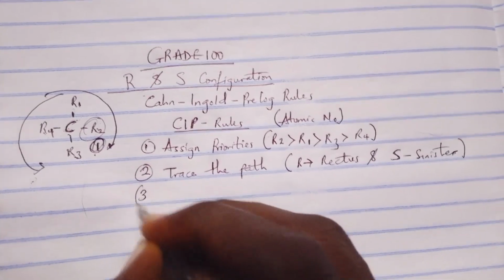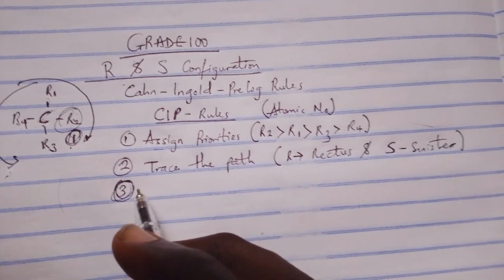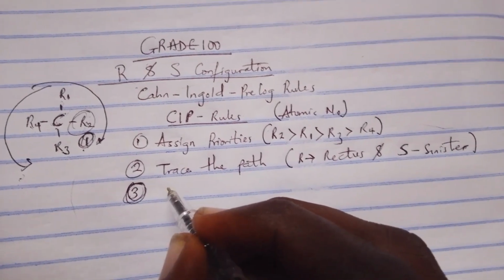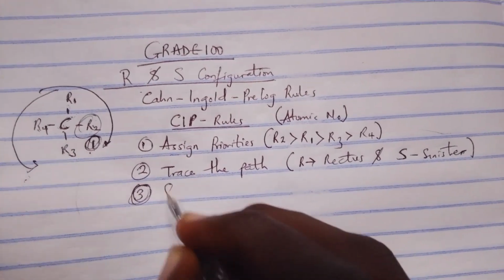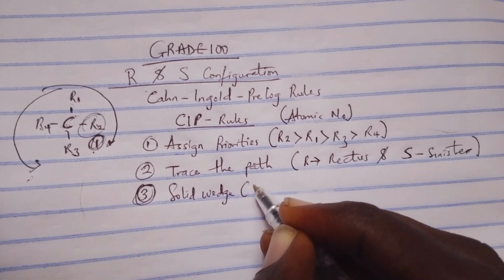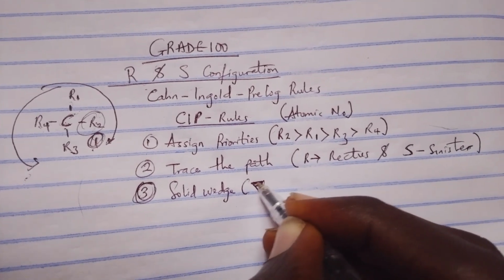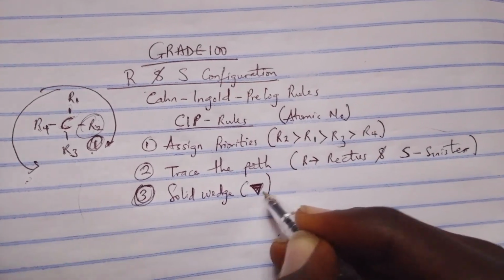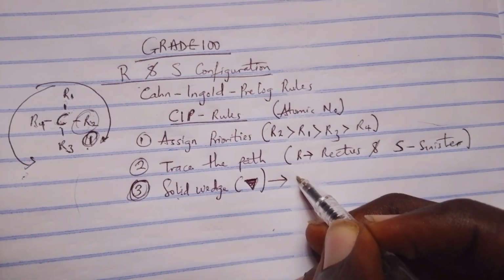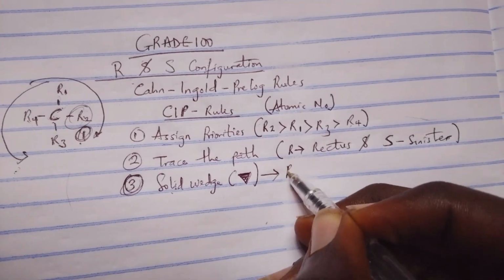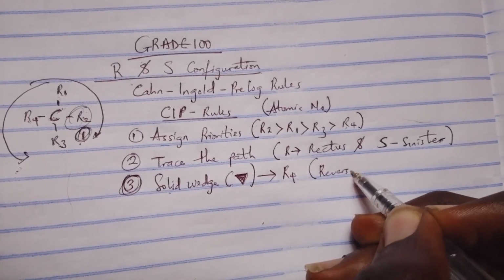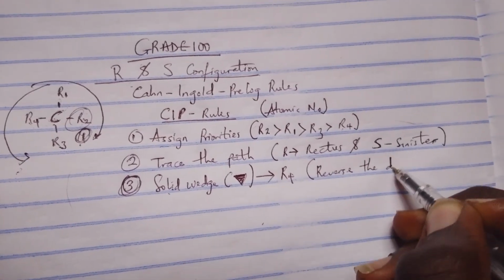Now, a very important thing you have to know: the first two steps are just the basic steps. Now, the third is that whenever you see, we have two different kinds of wedge. You have the solid wedge. Whenever you see something of this nature, it is a solid wedge. Whenever you see that your solid wedge is attached to your lowest priority, in this case R4 is the lowest priority, hence you reverse the direction.